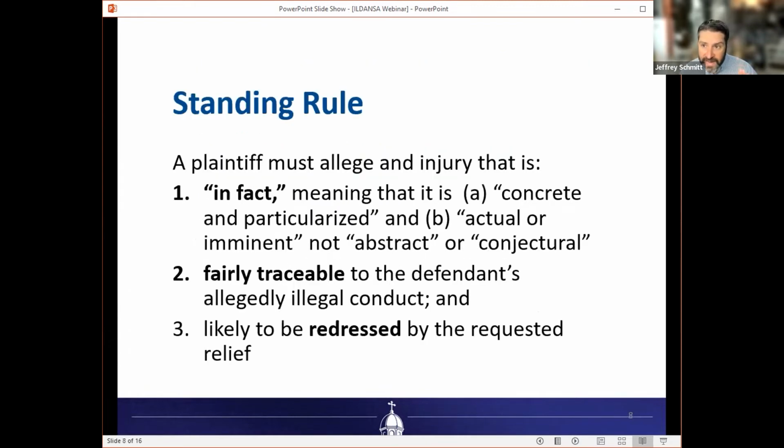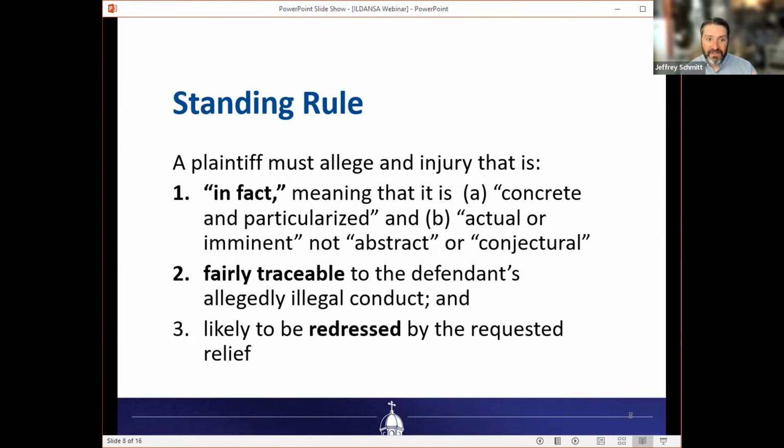So what we would say here, to have a case or controversy, you have to have a plaintiff who has standing. Standing means a plaintiff has standing if this test is met. This is the rule. So this is the rule of law that I would want you to memorize for all this. This is the key point that you really need to know, would be this slide.